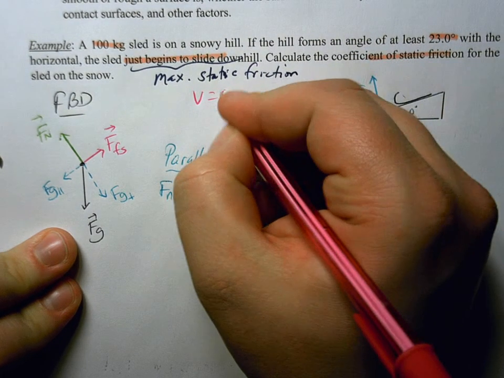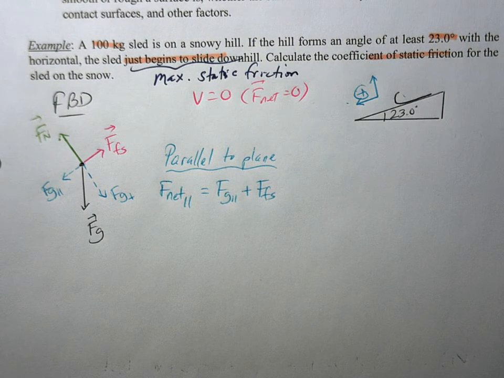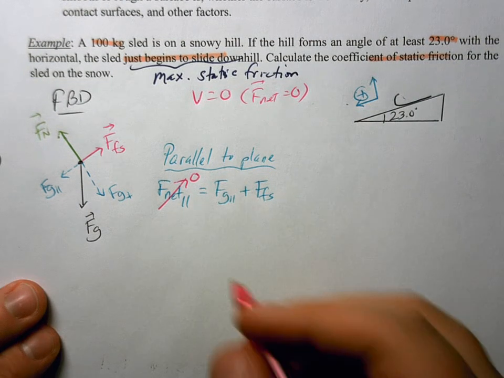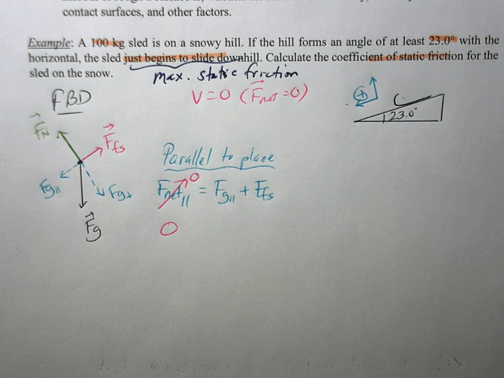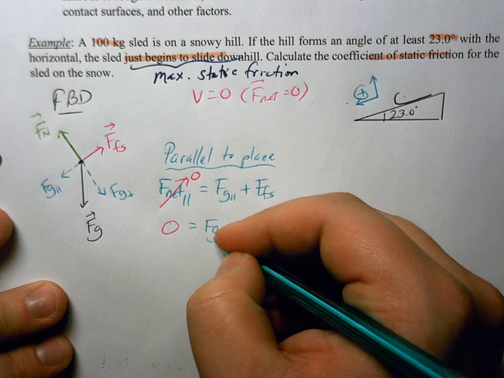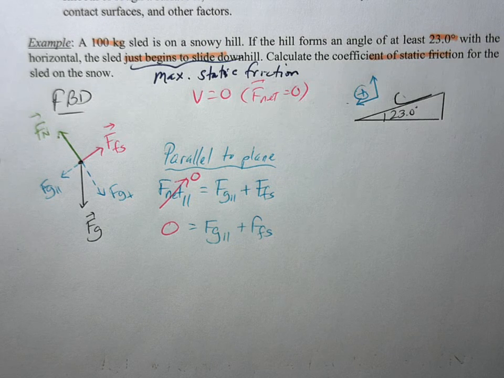So we're going to assume v is 0, which also means that the net force parallel to the plane is going to be 0. And then we have Fg parallel plus the force of static friction.